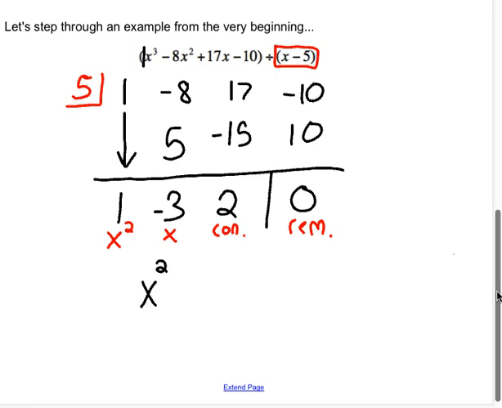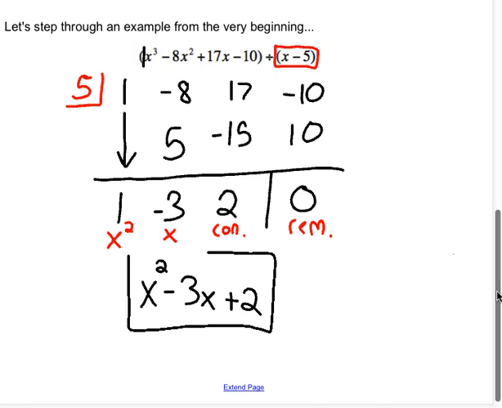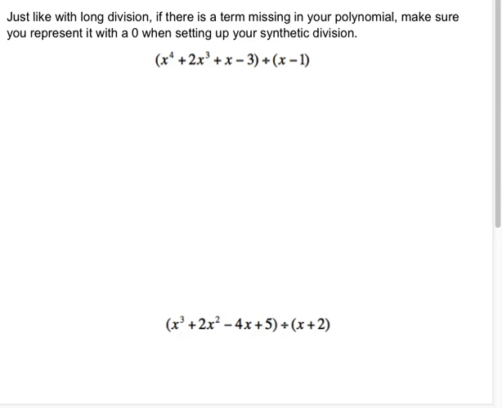I have 1x squared minus 3x's and a constant of 2 with no remainder. So that's the polynomial that I have left over after I do that division. So I think it's a lot simpler once you get used to the process, to setting it up this way to solve. So let's do a couple more examples so you feel comfortable with this process.